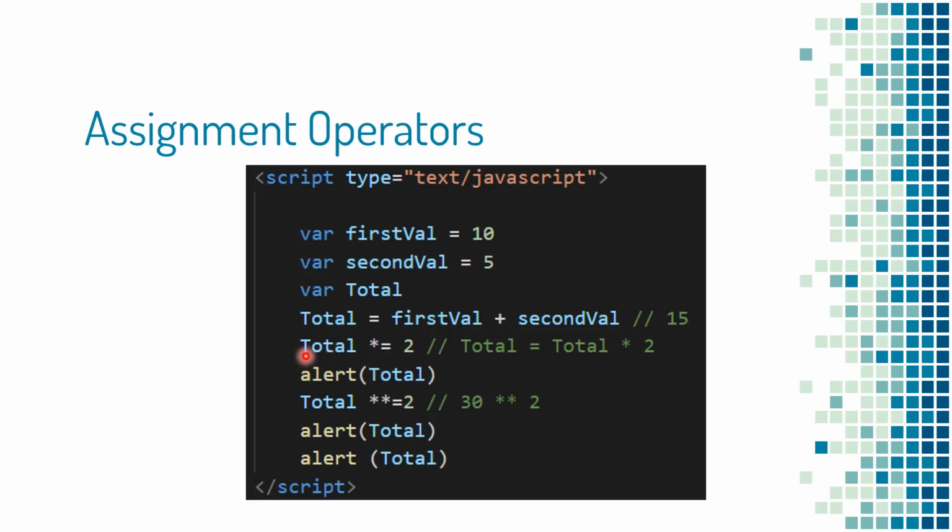This line here, if we use this statement, is almost the same thing as using total equals total times 2. This is the way it works. We can use multiplication or division or remainder, all the same way.